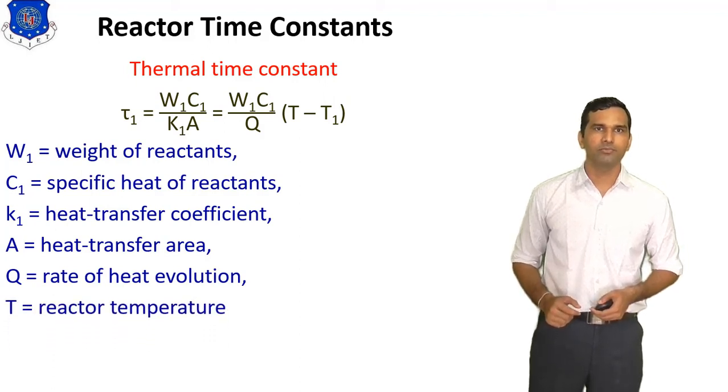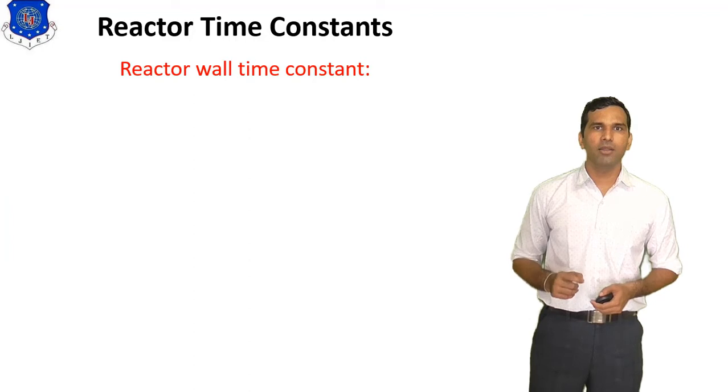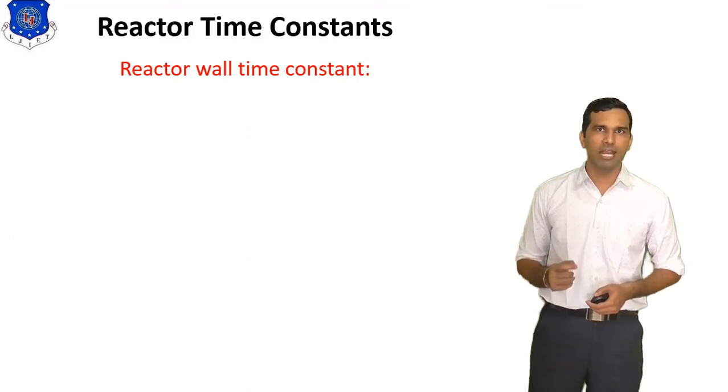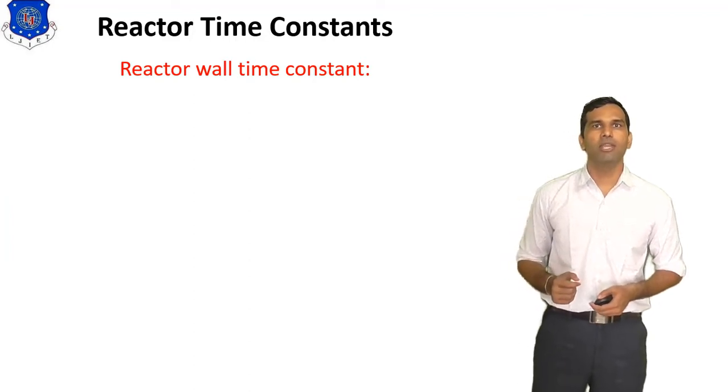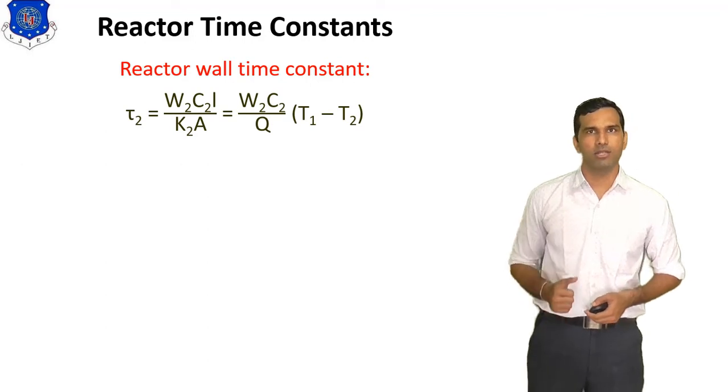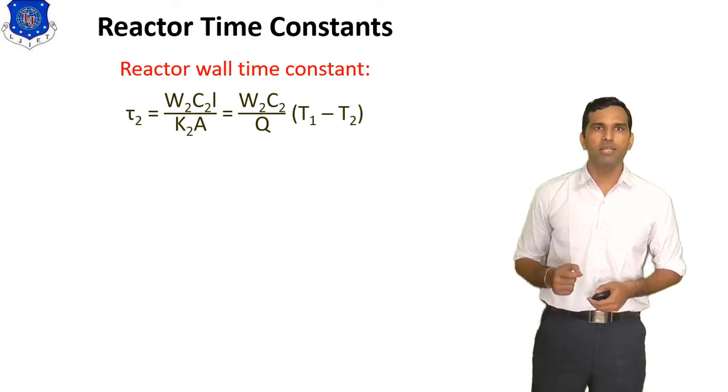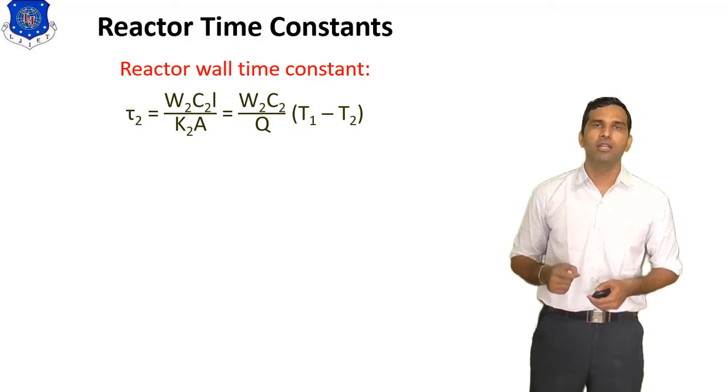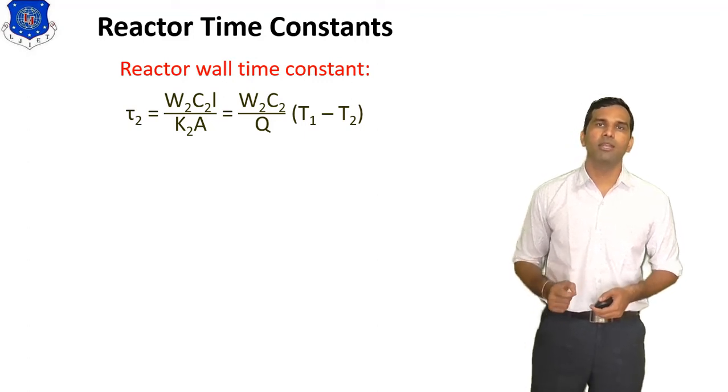Now we discuss the reactor wall time constant. We can find the reactor wall time constant by using this equation. Tau 2 is equal to W2 C2 l upon K2 into A, and we can write this equation as W2 C2 upon Q into (T1 minus T2).